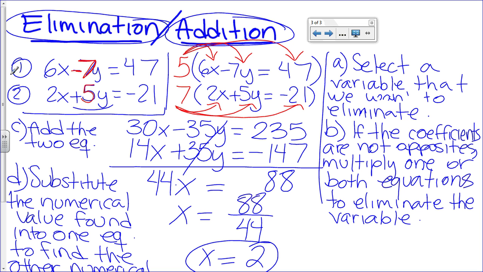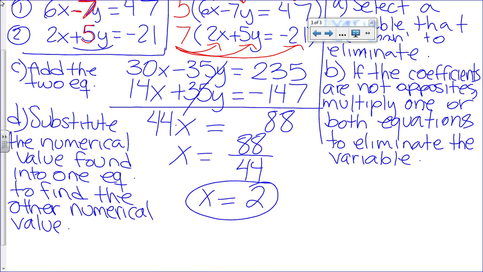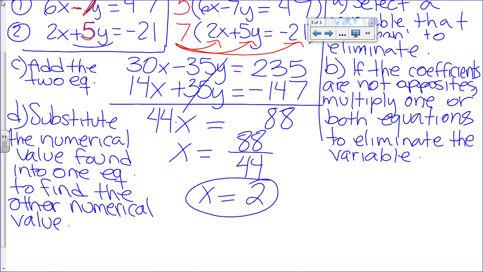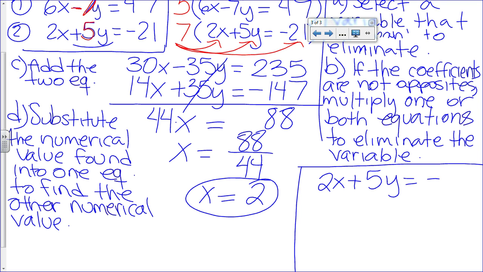Yes. You wanted to choose one? Yeah. Okay, which one do you want? 2. Okay, 2. So let's choose equation number 2. So that will be 2x plus 5y is equal to negative 21.